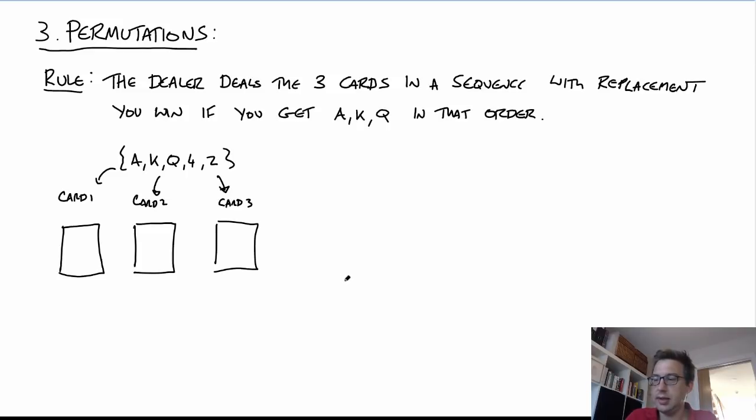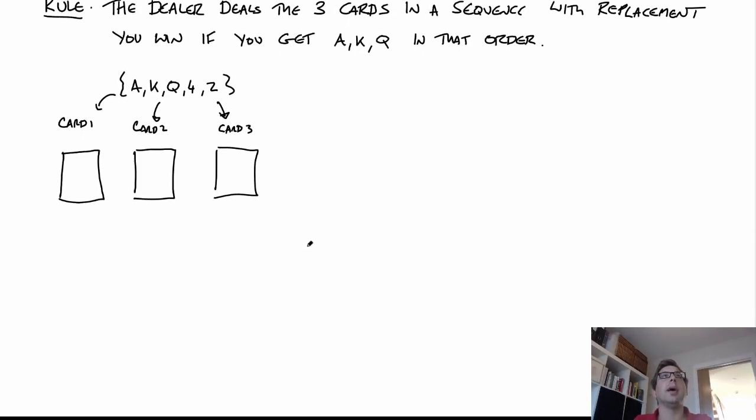Okay, so we now need to think again, what is the size of the sample space for this problem? What are the number of things that can happen in terms of putting the cards here from this deck? One way to think about this is as follows.